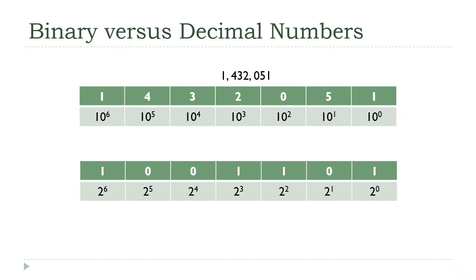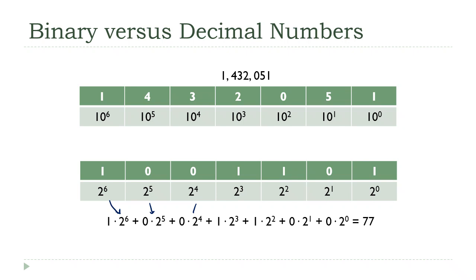So to do my conversion, I'm going to take 1 times 2 to the 6th, and that gives me this part. Then I'm going to do 0 times 2 to the 5th, plus 0 times 2 to the 4th, and so on, all the way down to the end. And if we add all of those numbers up, we get 77. So 77 would be the decimal equivalent of this binary number.